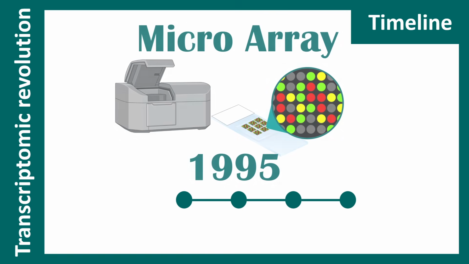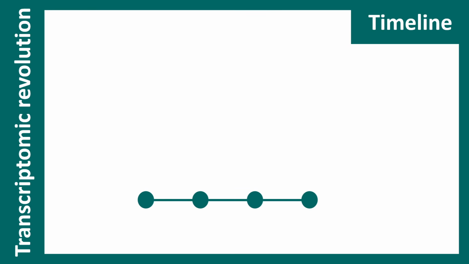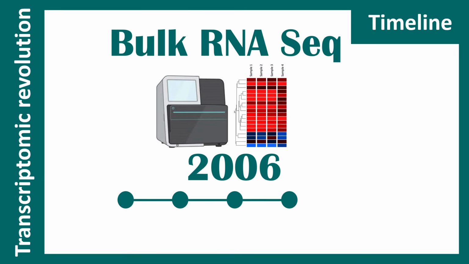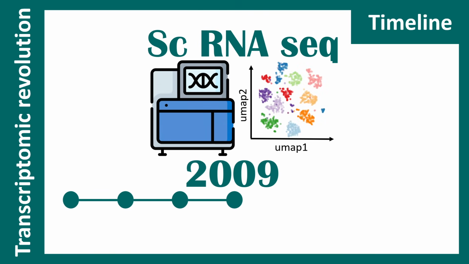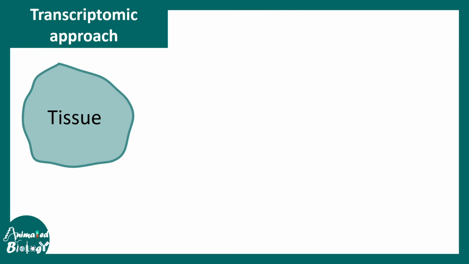Later on, when microarray came, it was one of the state-of-the-art techniques in the field, which was eventually replaced by bulk RNA sequencing. And these days, single-cell RNA sequencing has taken over from 2009, and over the last decade, it has been used extensively in biology, neuroscience, and many more fields.